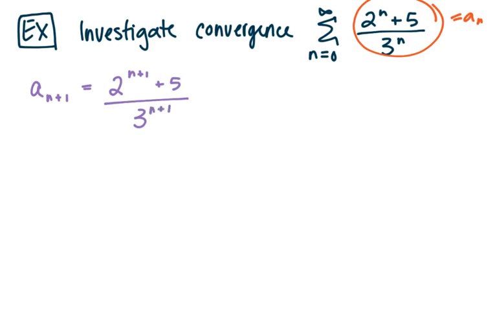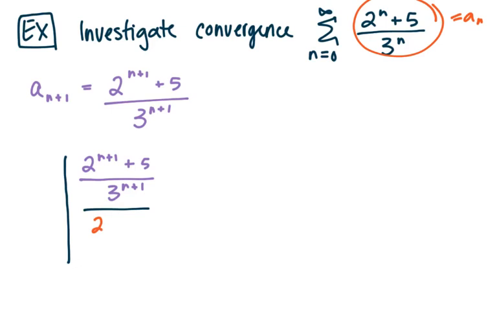So my ratio would be the n plus 1 term, 2 to the n plus 1 plus 5 over 3 to the n plus 1. That needs to be divided by the term which came before it, which is 2 to the n plus 5 over 3 to the n. All right, so we're going to simplify this, and then we're going to look at what happens as n becomes infinitely large, as we apply that limit, n approaching positive infinity.